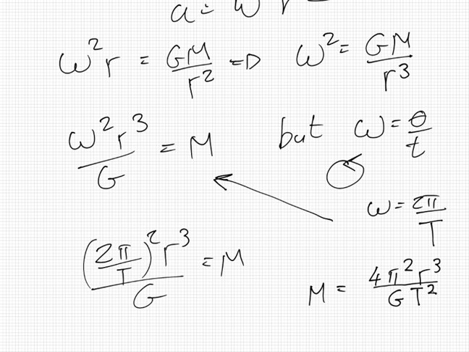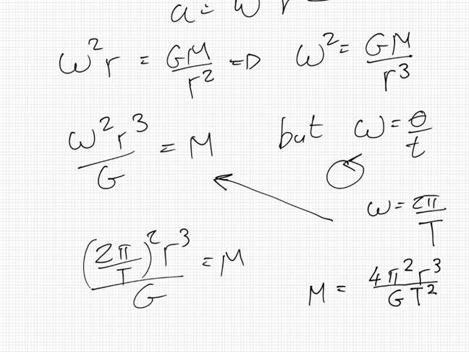The example is important because it lets you calculate the mass if you know only two things: the time and the radius, the distance.